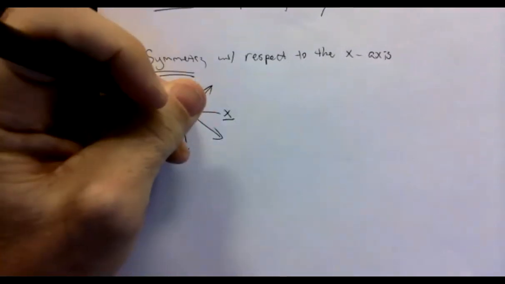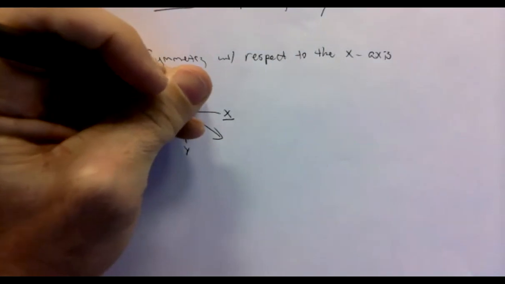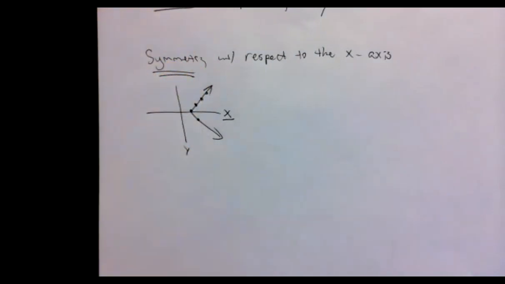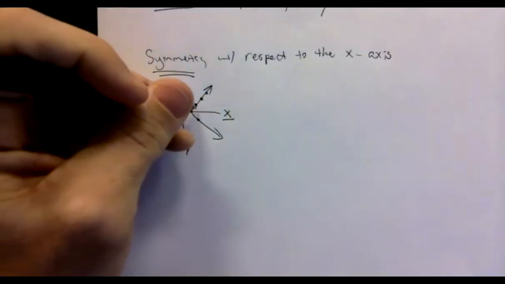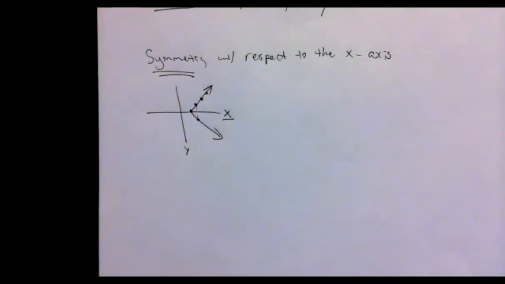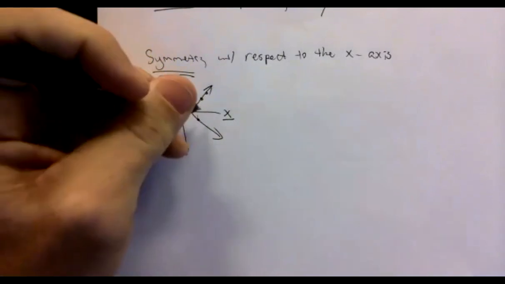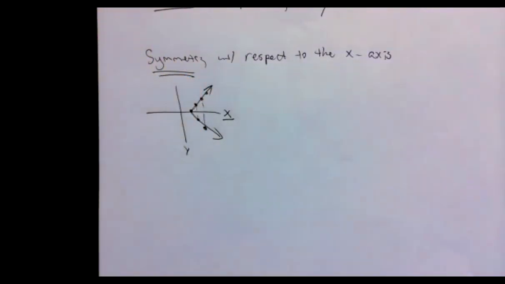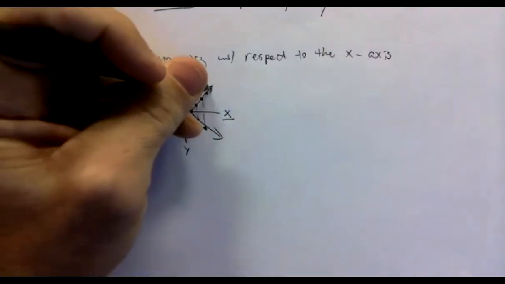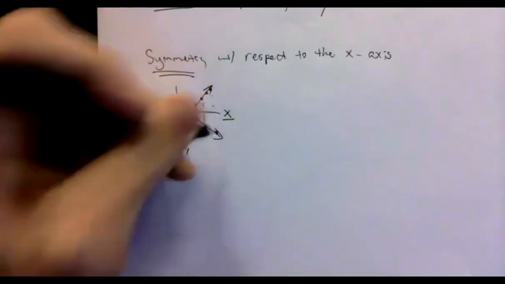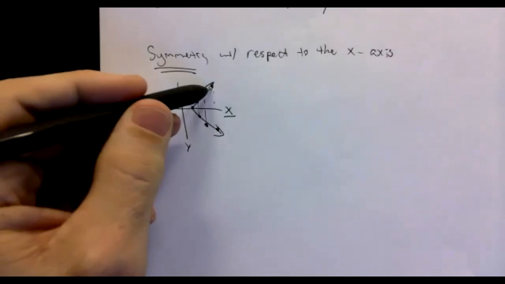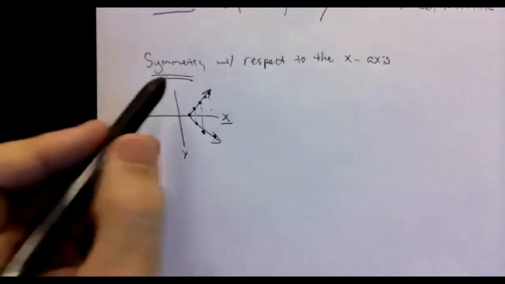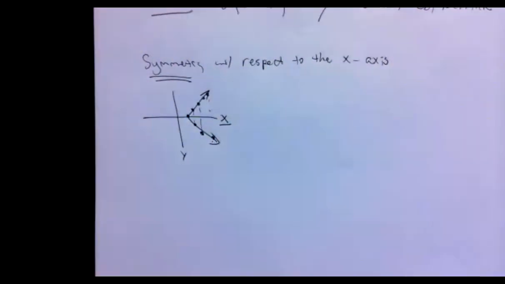Okay, so if each point on the graph has a mirrored reflection, equidistant, so this would be the exact same distance from the x-axis. This would be the exact same distance from the x-axis. Okay? So basically, if you've got a mirrored reflection over the x-axis, that is symmetry with respect to x.